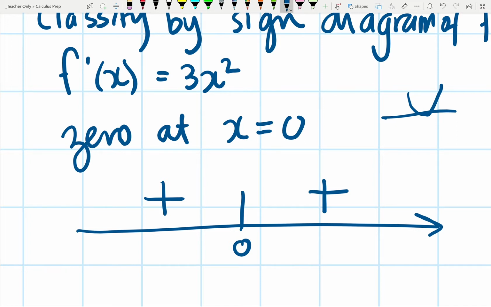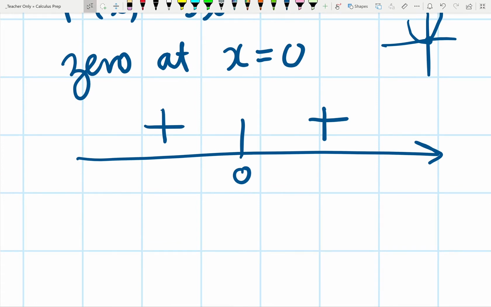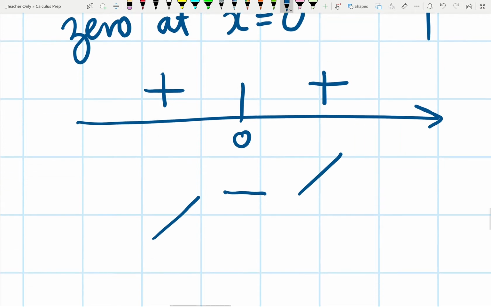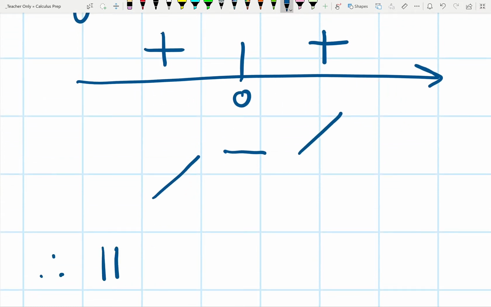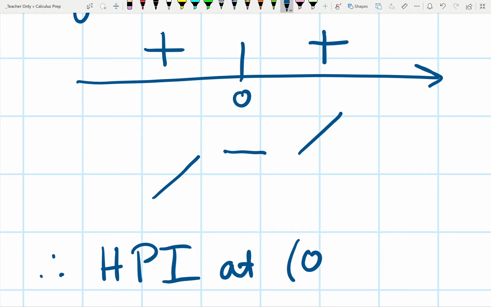Bearing in mind that this quadratic simply touches the x-axis once at x equals 0. So underneath the sign diagram, we draw our little lines showing the shape of the graph at that point. Positive, 0, positive. That shape tells us that this is a horizontal point of inflection. So therefore, horizontal point of inflection at 0, 0, and that's enough.